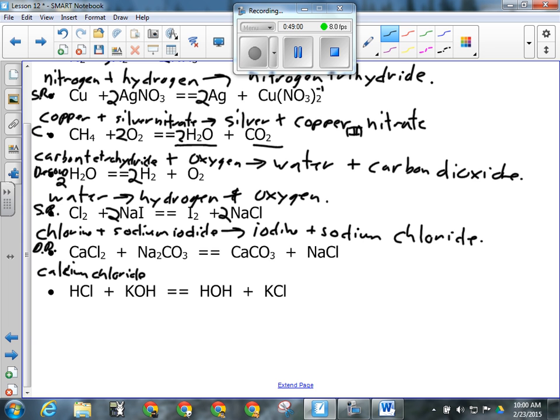This stuff here is sodium carbonate. And that's going to give us calcium carbonate. Remember, for the polyatomic ions, we just write their name as it appears in the chart. Plus sodium chloride.